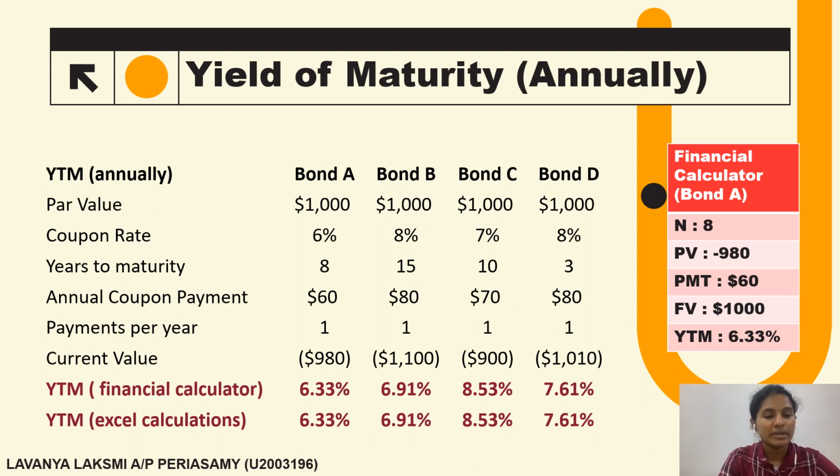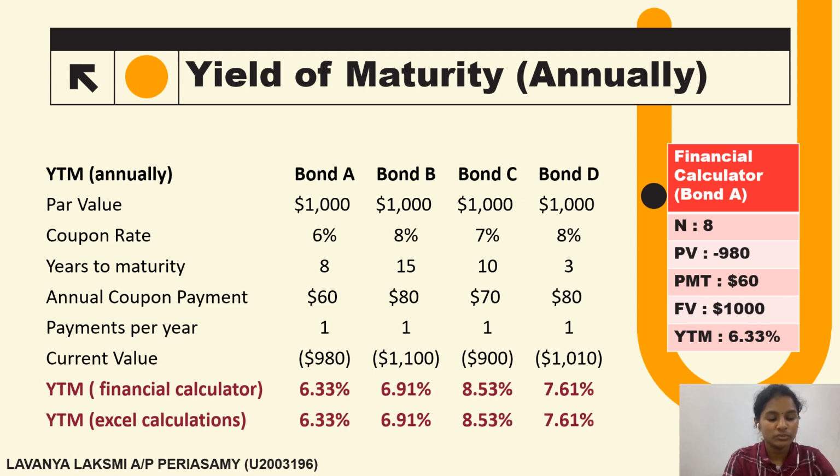Now we will find the yield to maturity by using the financial calculator. So first we need to change our financial calculator to 1 payment per year. Then we can insert the years to maturity, which is 8, and the current value, which is 980.